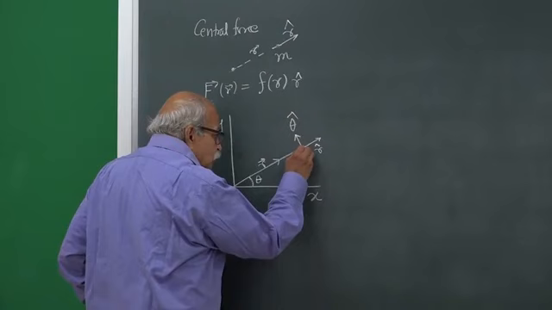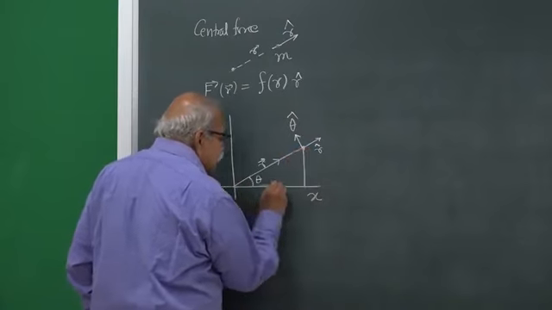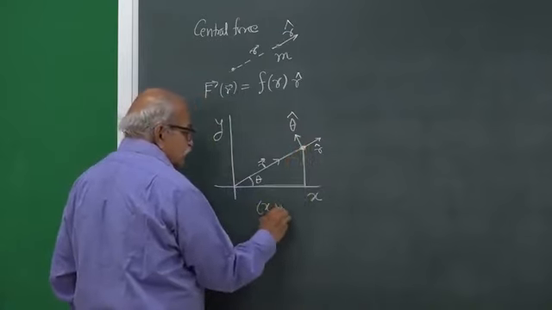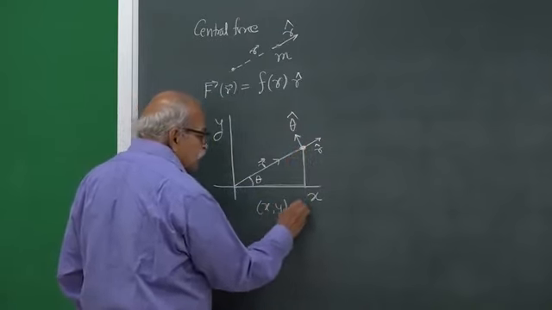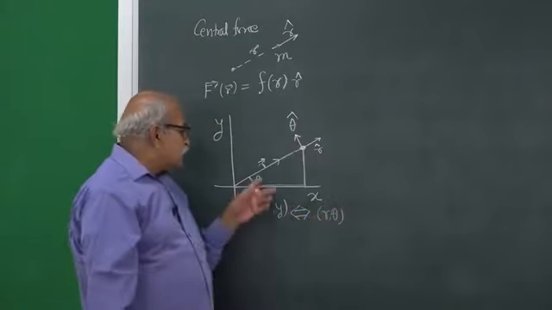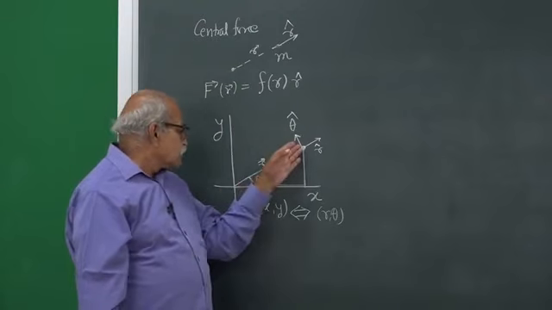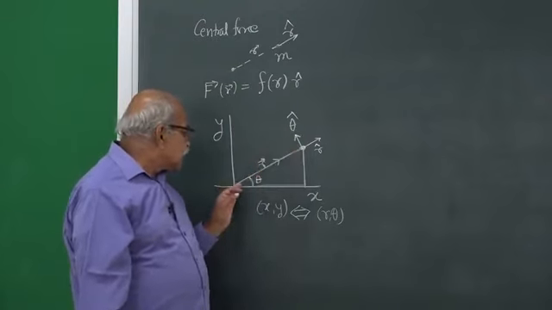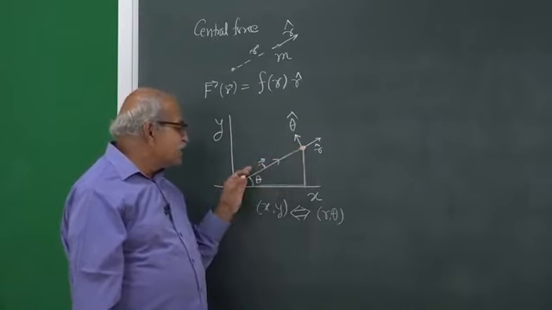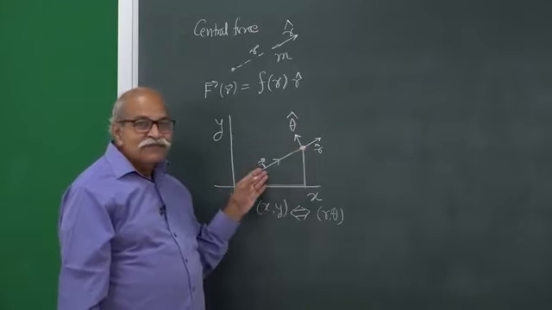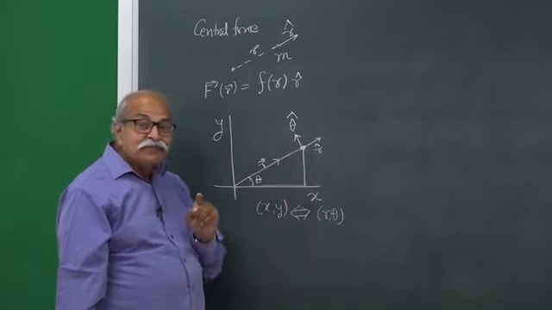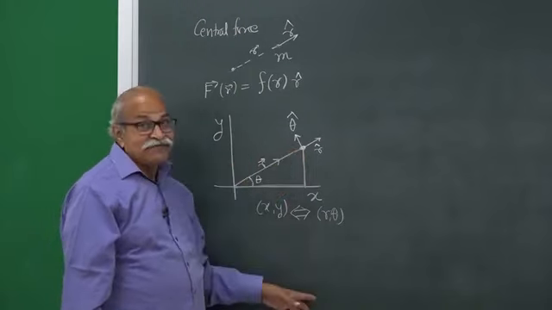And if I drop a perpendicular here, this is x and this is y. To get the position, I can write what is x and what is y. I can also write what is r and what is theta. If someone says that it is at a distance of r from the origin, and this line makes angle theta with the x axis, that also tells me that the particle is here, provided the particle remains in this xy plane.